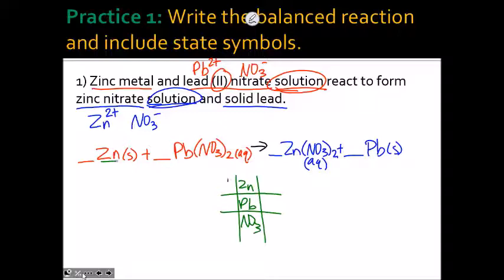So 1 zinc, 1 lead, 2 nitrates. 1 zinc, 2 nitrates, 1 lead. Oh, look at that. It's already balanced. So we don't have to do anything there. That's nice. You could use the chart if you need to. You don't have to use the chart, but you can if you want to.